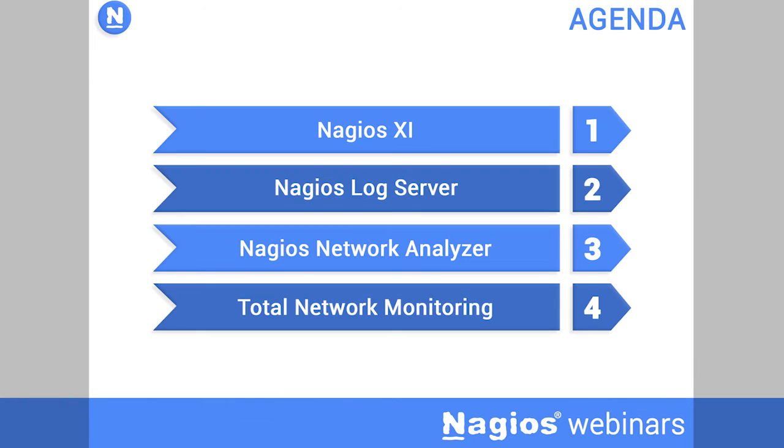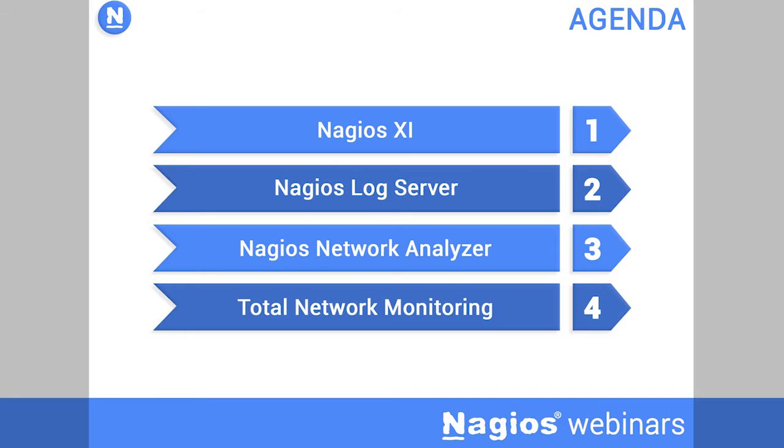Today we're going to be going over a few different solutions, as I'd said. We'll talk about the basics of network monitoring and how each of the solutions you see here on the slide serves a specific purpose to give you complete network monitoring, kind of a holistic perspective on your network health. Nagios XI is going to basically monitor states and help us visualize status information.